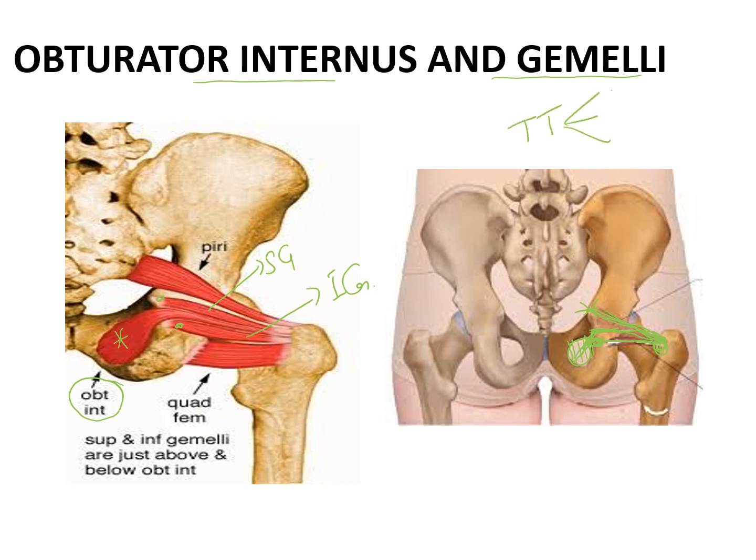Namely, we have superior gemelli, obturator internus and inferior gemelli. All these three together are called the tricipital tendon and they gain attachment to the trochanteric fossa of the femur. So this is the attachment of obturator internus and the gemelli.